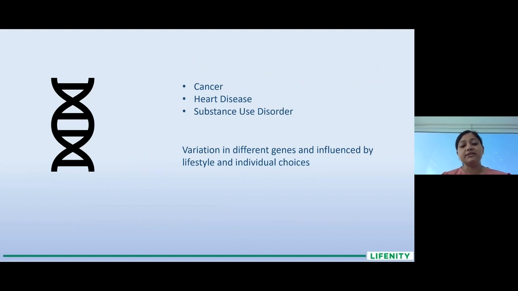So it is a polygenic disease. Cancer is also a polygenic disease. Substance use disorder is something where, with the help of some substances or addictive things, you get exposed to the disease. So variation in different genes, influenced by lifestyle or an individual's choices, can also be a greater contributing factor in these kinds of diseases.